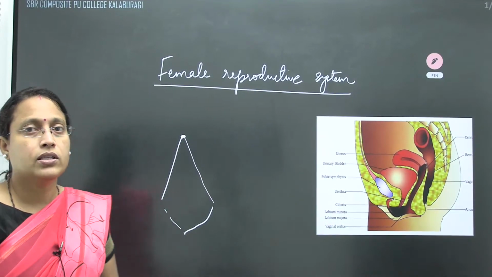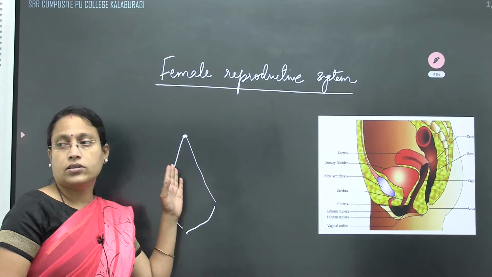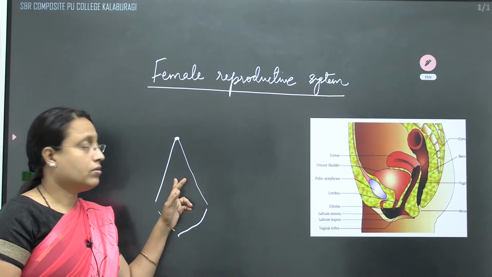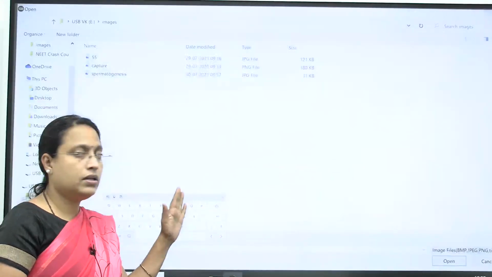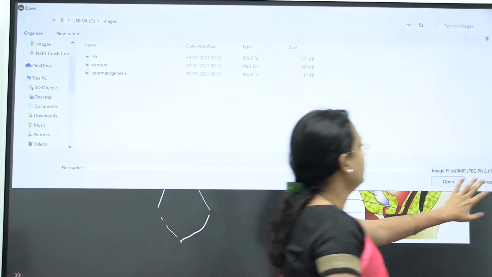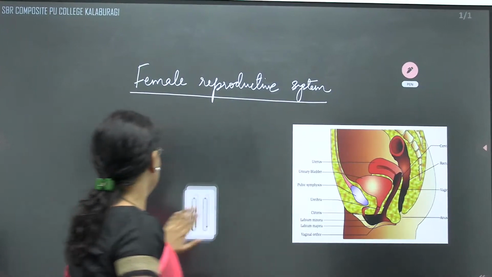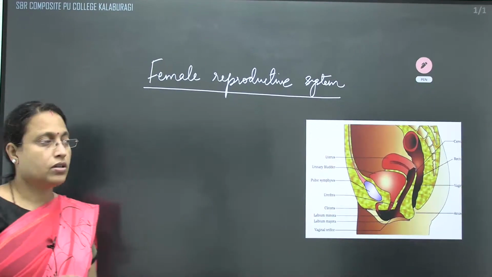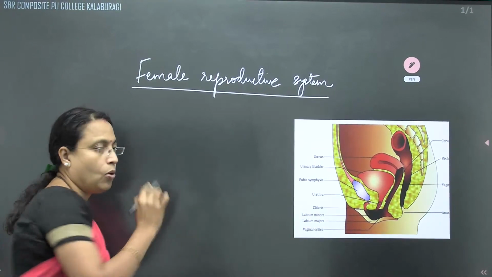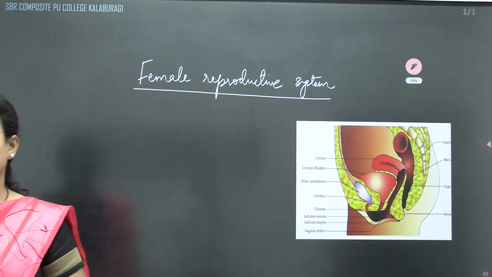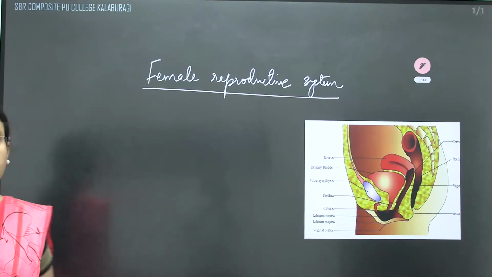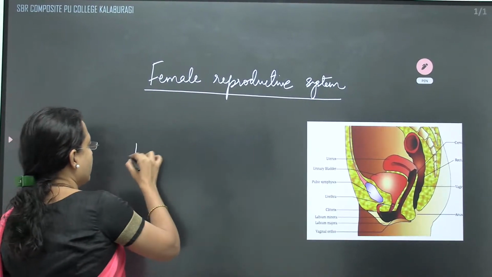So here, this will be the vestibular part of the labia minora. In the vestibular structure, what are supposed to be present? There are two openings in the vestibular region of the external genitalia, two openings in the vulva.